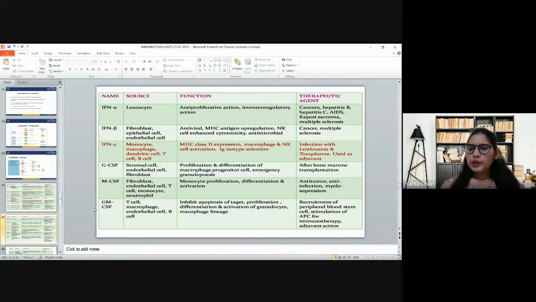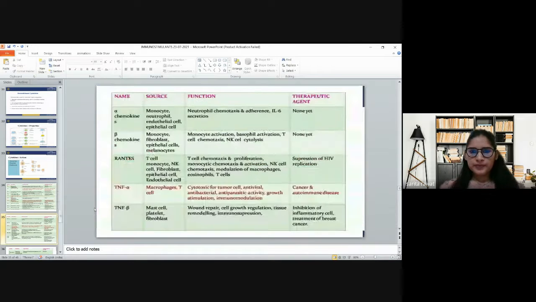Therapeutic agent included requirement of peripheral blood stem cell, stimulation of APC for immunotherapy adjuvant action. So these are some agents, their name, their source, their function, and their therapeutic agent.